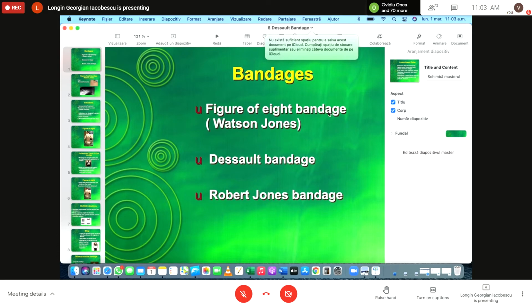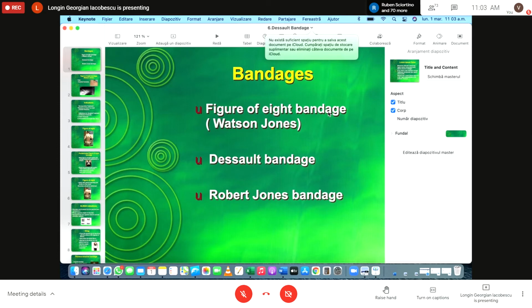For example, the thoracobrachial bandages that we use: the first one is called the figure of 8 bandage. Its specific name is Watson-Jones. The second one is called the Dessau bandage.